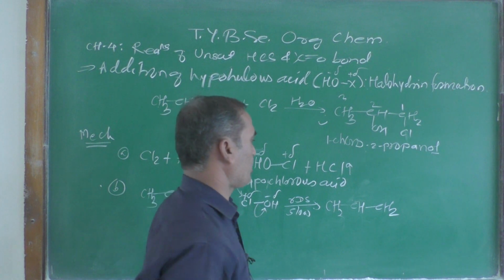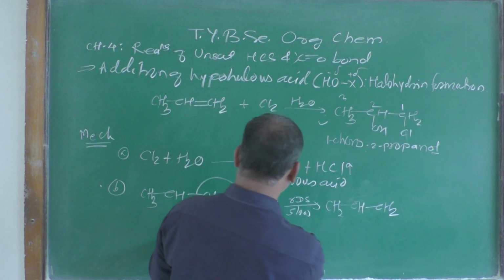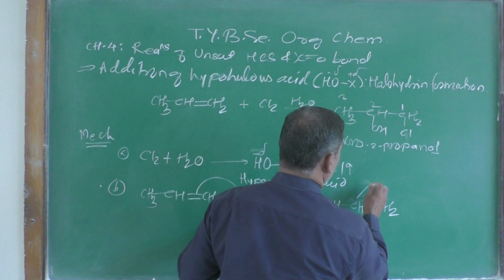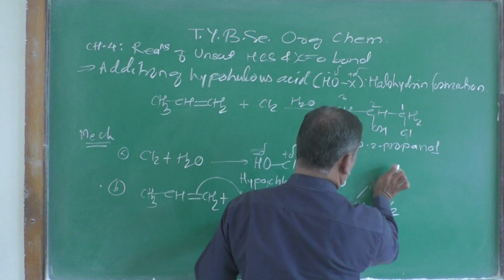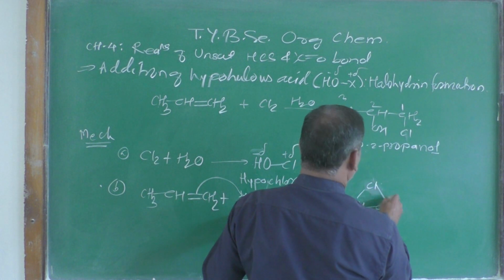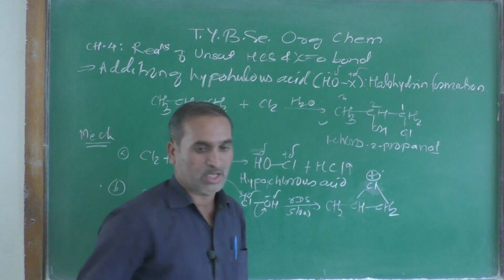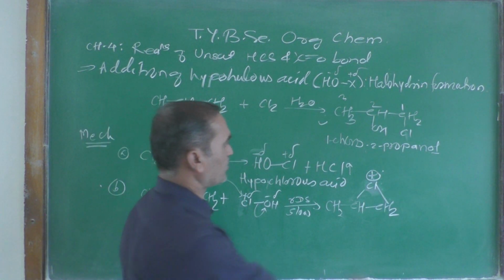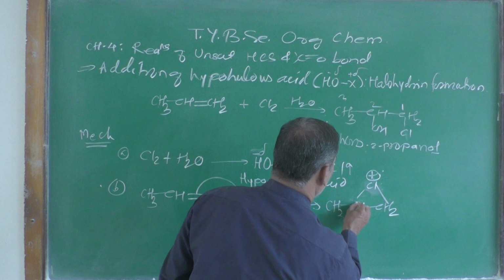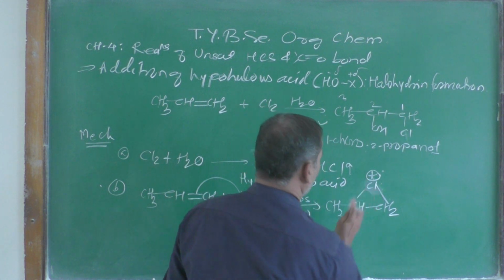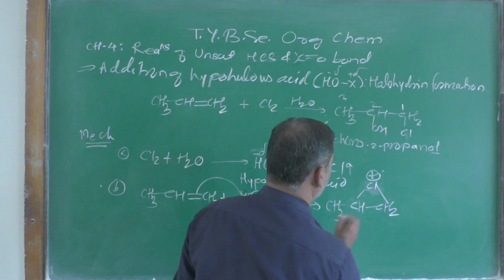Similar to bromination or chlorination, there we have seen a formation of a cation. Here with the chlorine atom, a cyclic chloronium ion is formed, a 3-membered ring. So remember, this 3-membered ring is formed here, CH3.